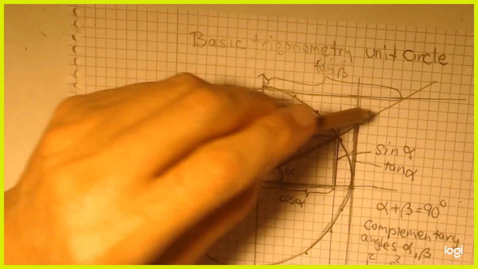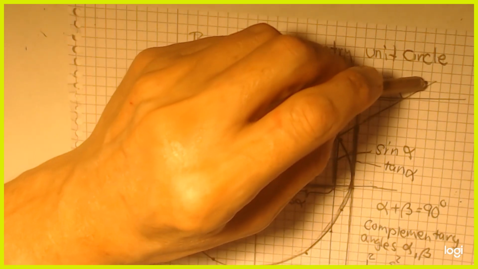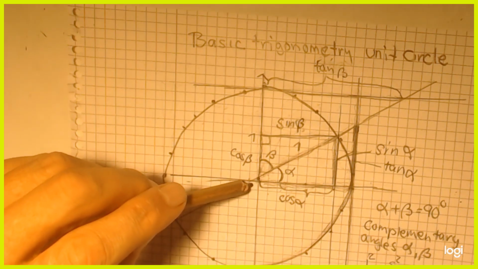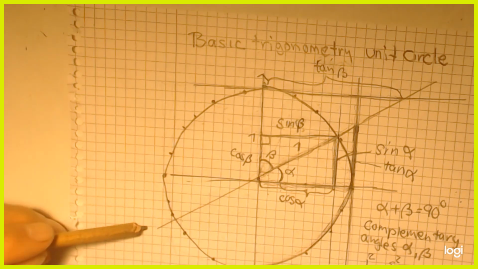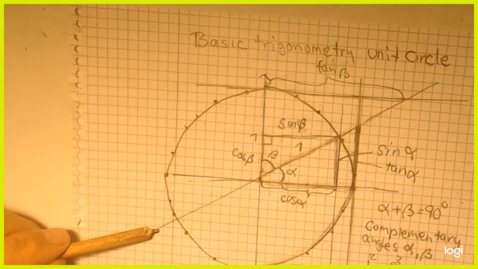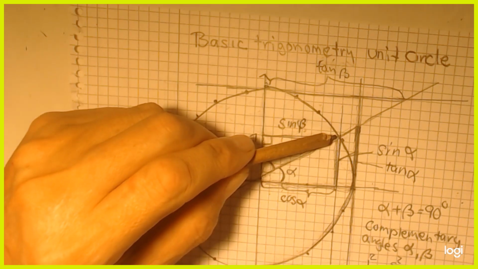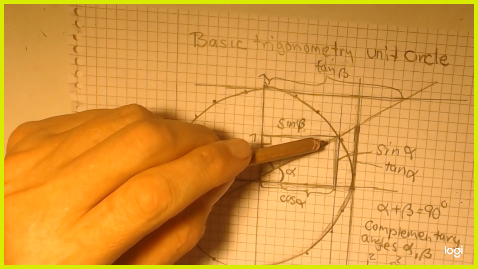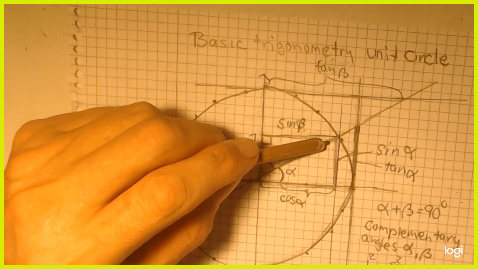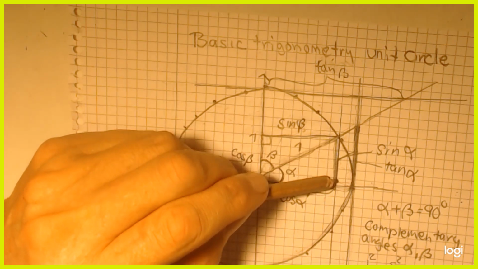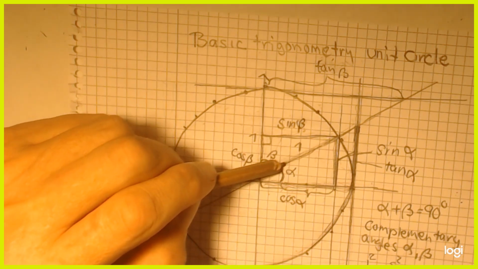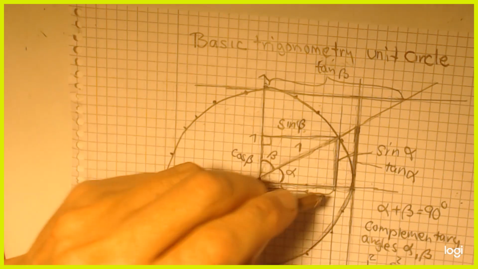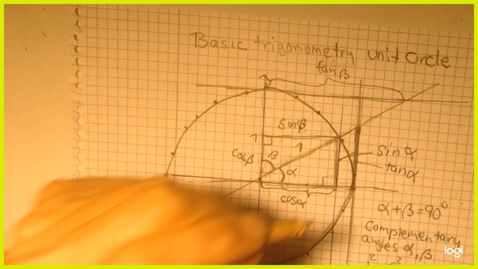Draw a straight line that goes across the circle. So you have two intersection points on the periphery. So we can draw a triangle here. And the triangle is right, 90 degrees.